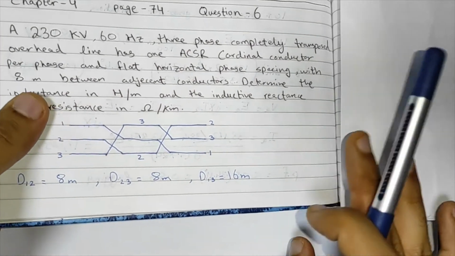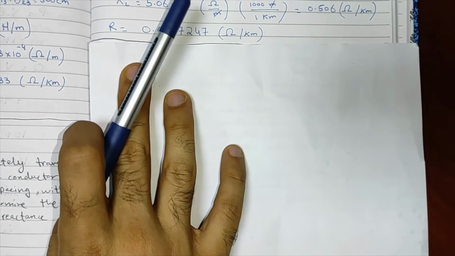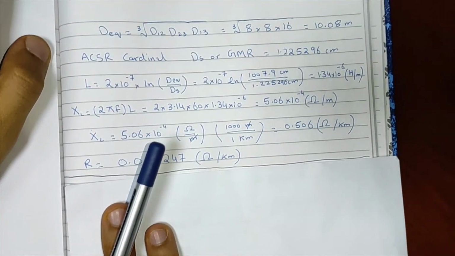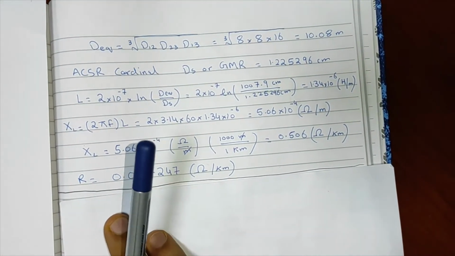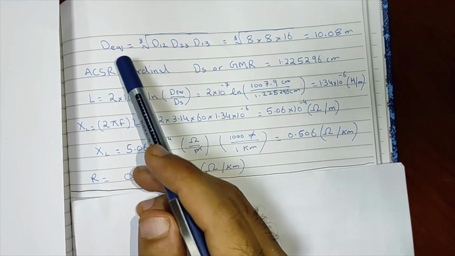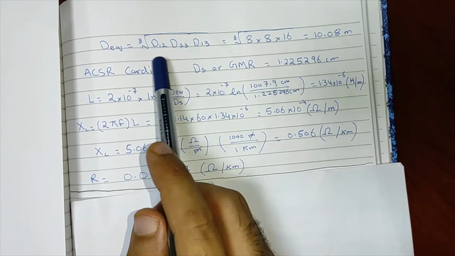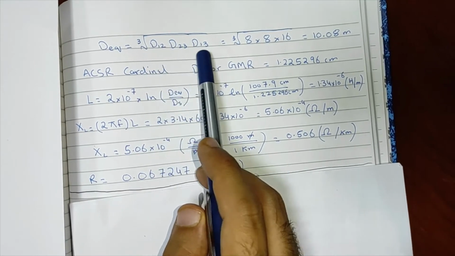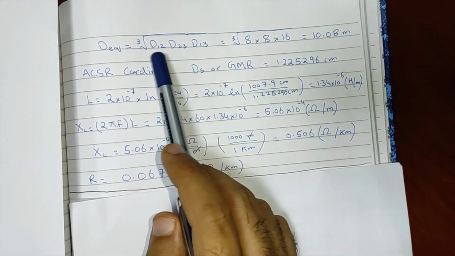Now, what about D equivalent? D equivalent can be calculated by using the cube root formula. Cube root of all three distances.